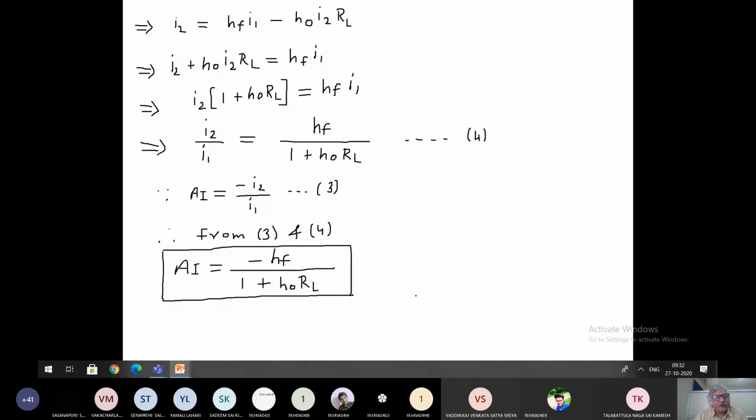But at lower frequency, you can use the values of H parameter, okay? So for lower frequency, we use H parameter. For higher frequency, for the analysis, we need another model. H parameter model will not work there. So we are talking about low frequency analysis, right? So current gain you will get with this formula.